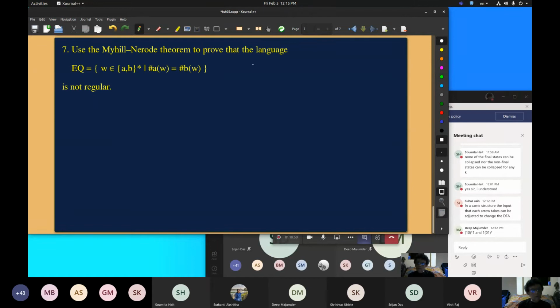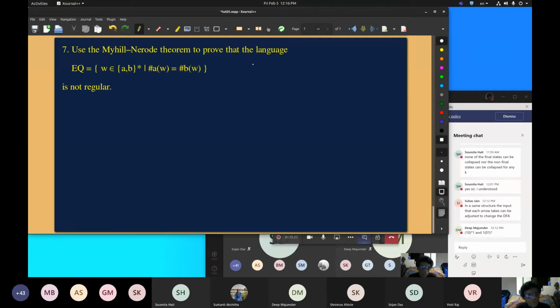We have seen a proof based upon the pumping lemma, and a proof based upon closure properties, given a proof of non-regularity of A power n, B power n. Now, let us see an application of the Myhill-Nerod theorem.